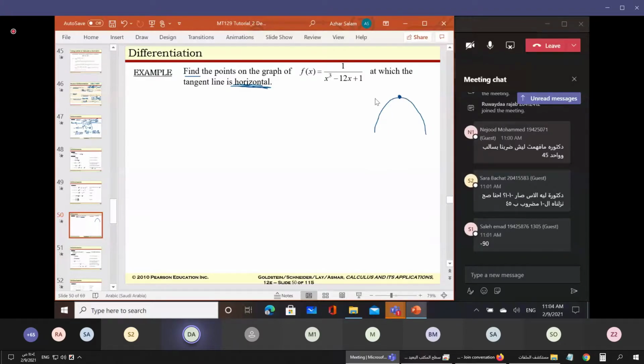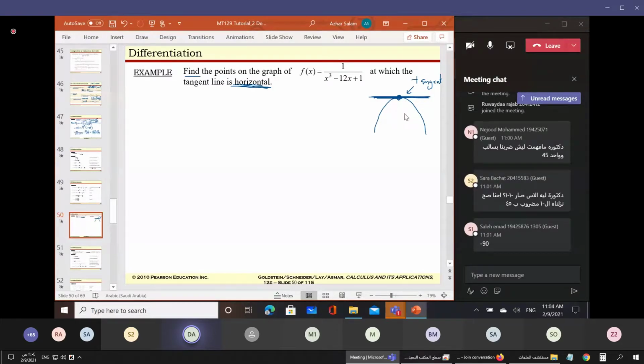When I draw a tangent line like that, the tangent line will be horizontal. The question is, find the point that makes the tangent line horizontal.